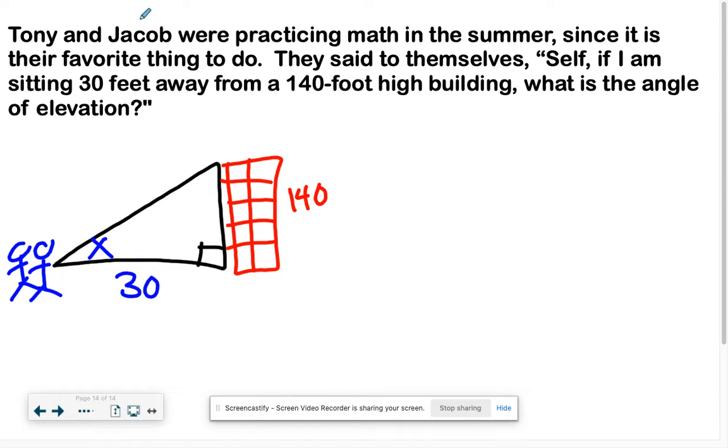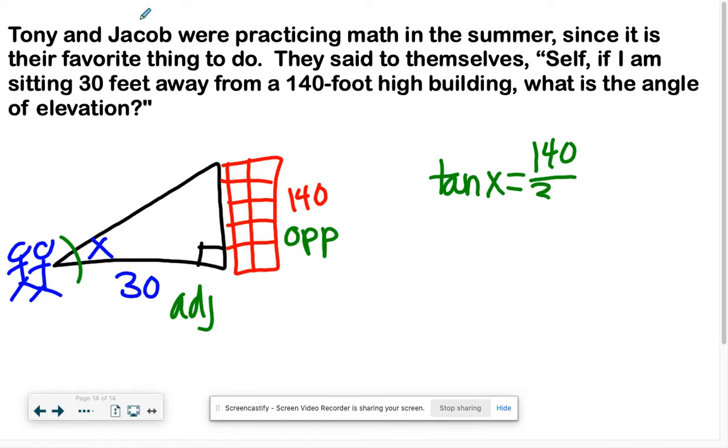Okay, so again, mark your angle, label your sides. 140 is opposite, 30 is your adjacent. What trig function uses opposite adjacent? That would be tangent. So tangent of x equals 140 over 30.